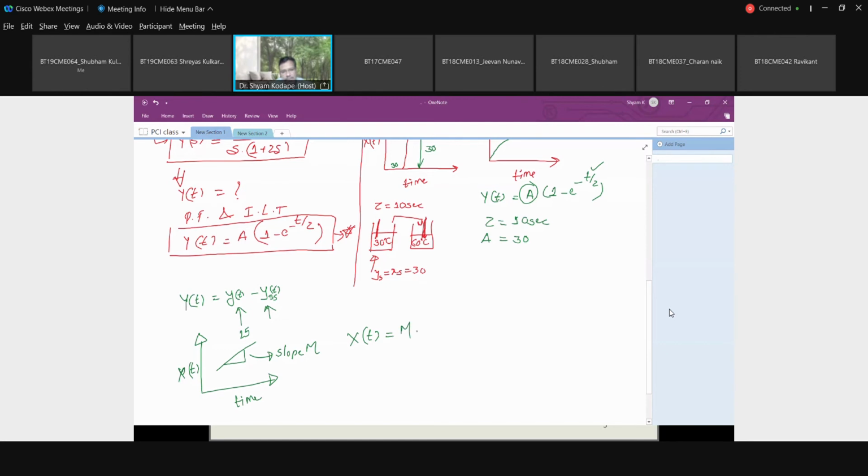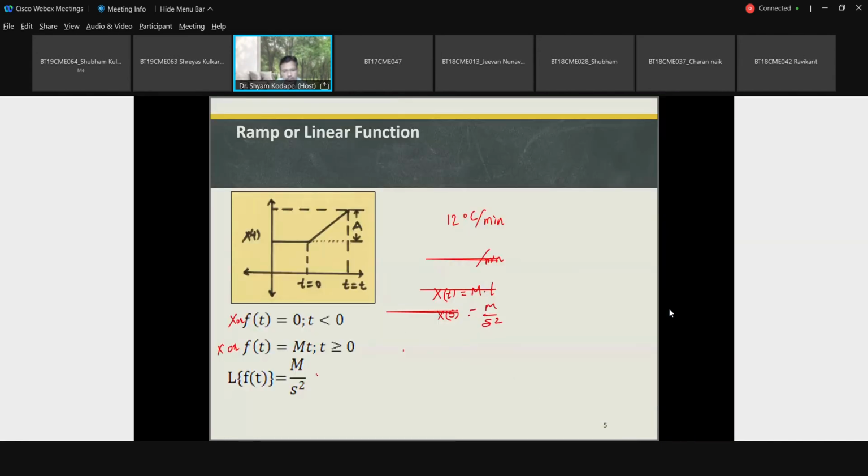Y is equal to mx plus c, but c is not there, so it is the slope times t, है ना? Y is equal to mx. Likewise, okay, so what will be its Laplace? It will be m by s square. Are you getting my point? Axis is equal to m by s square. Okay, likewise. Fine.